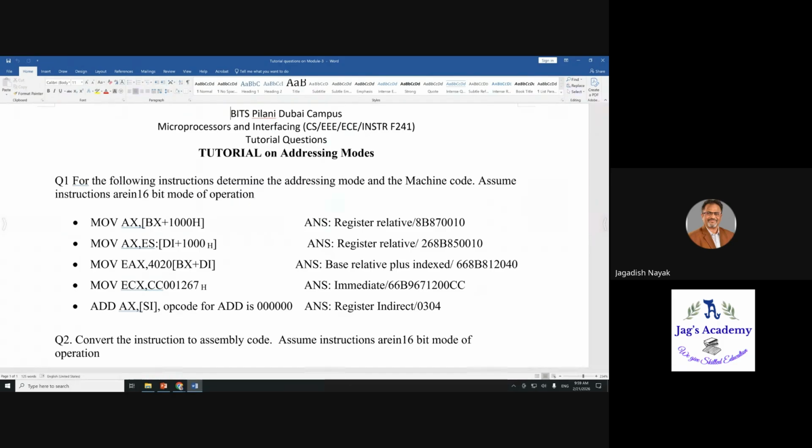As years go by and technologies advance, the 16-bit microprocessor will become obsolete. Only 32-bit will come. In such a case, do you need to write the program again? You need not write the program again.